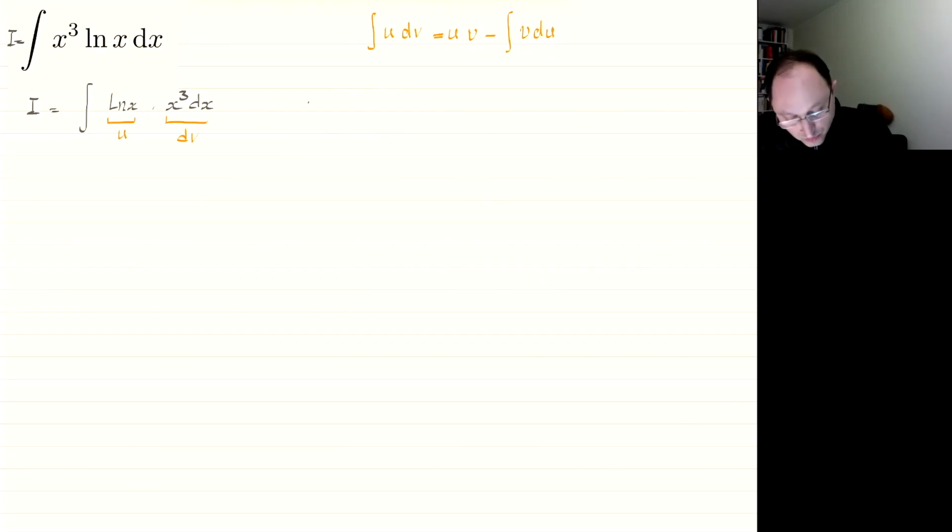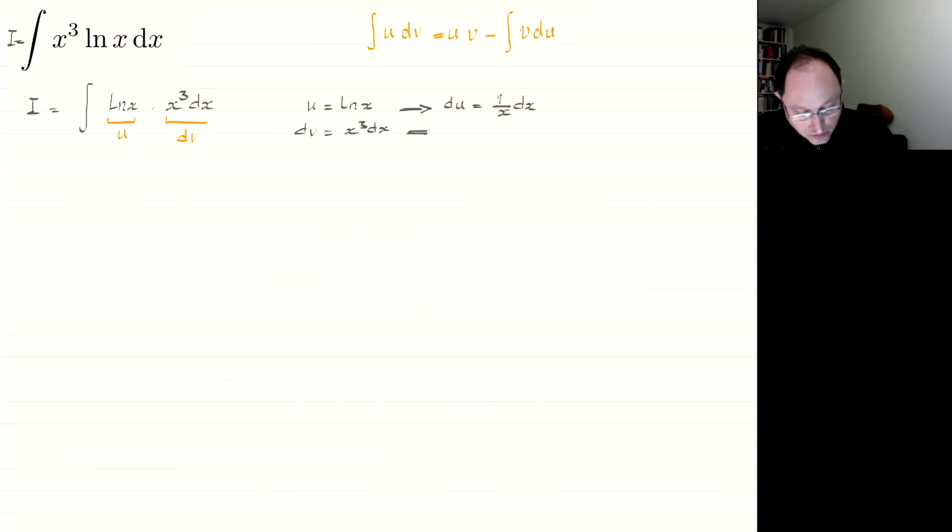So we choose u to be ln of x. We choose dv to be x cubed dx. Because on the right hand side I need du, I calculate du. For calculating du, I need to differentiate this function, which gives 1 over x, and then multiply it by dx.